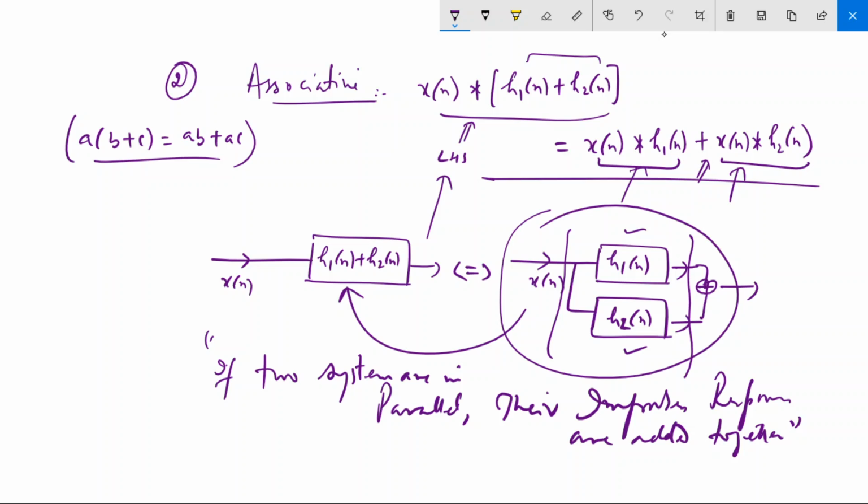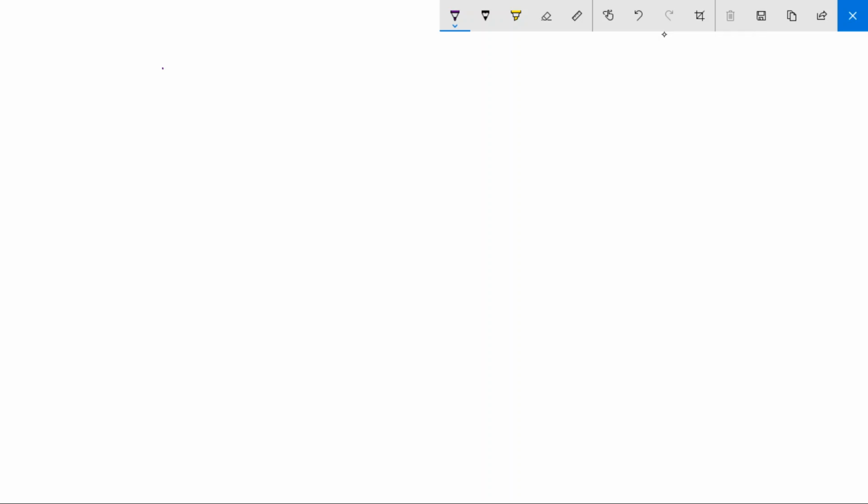This is the associative property. Parallel system means both systems have the same input and their outputs are added together. So if you connect two systems in parallel, to find the overall response of the system, you simply add their individual impulse responses. This is the associative property.